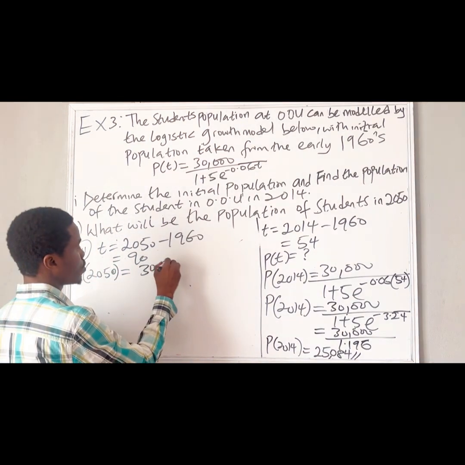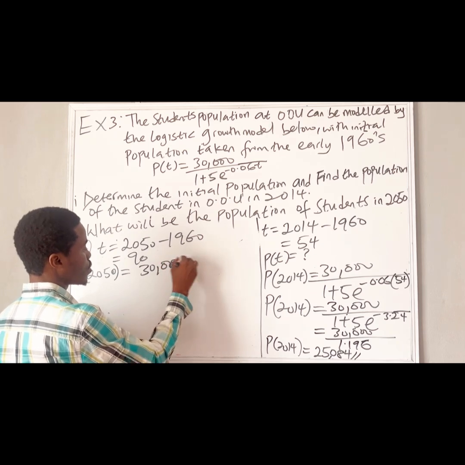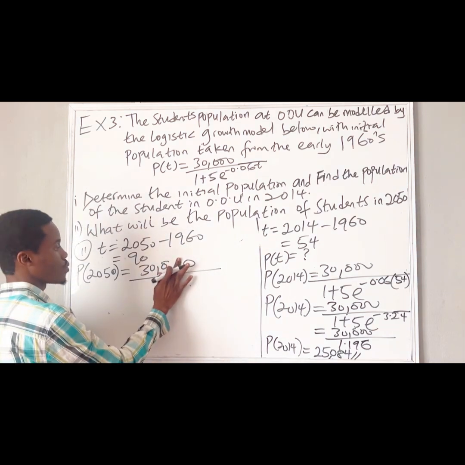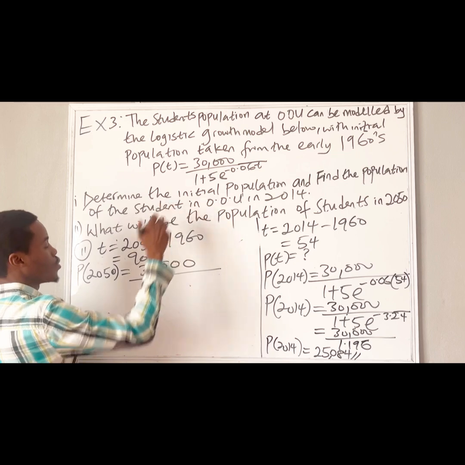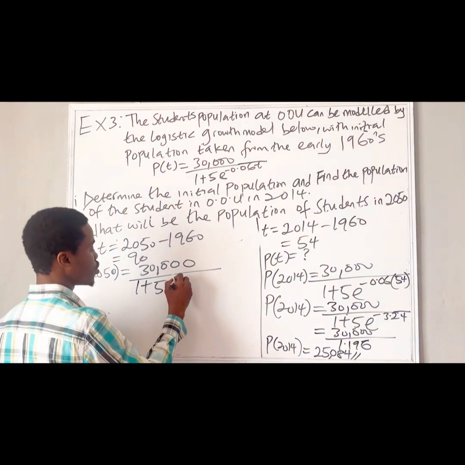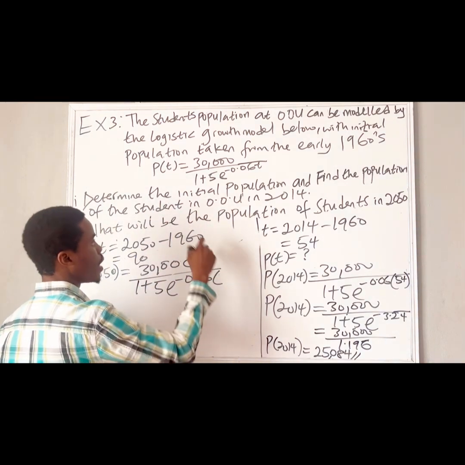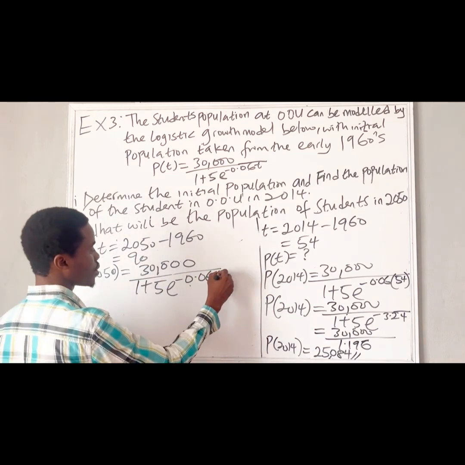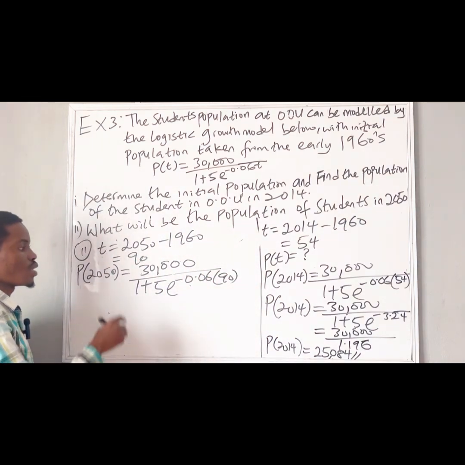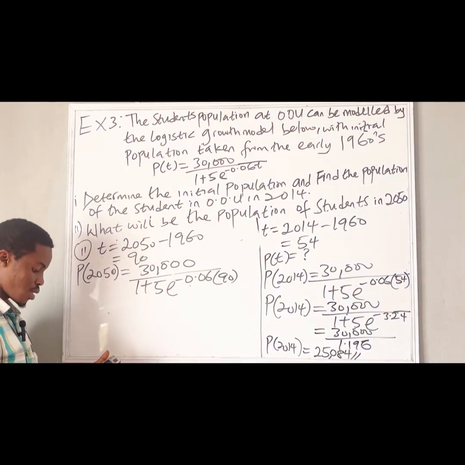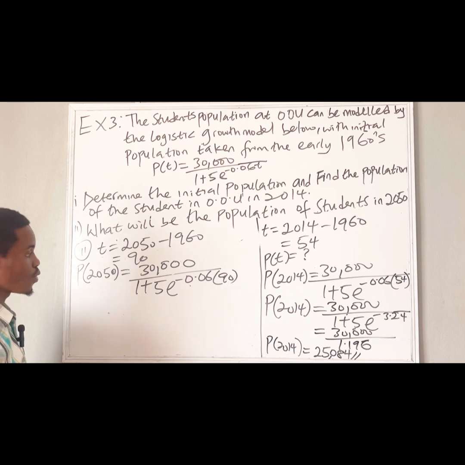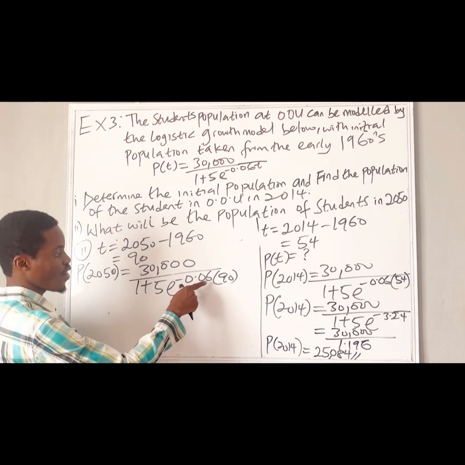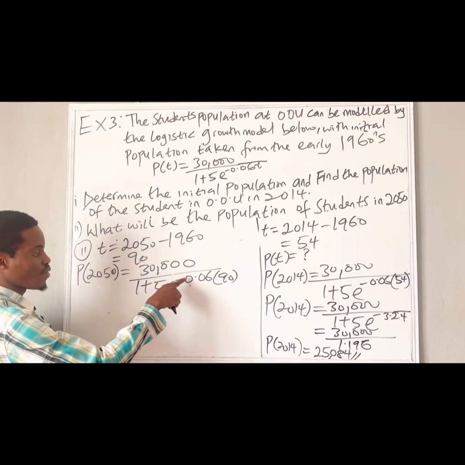So our population in 2050 is 30,000 over 1 plus 5 exponential minus 0.06t. Our t is 90. So minus 0.06 times 90, we're going to get negative 5.4.